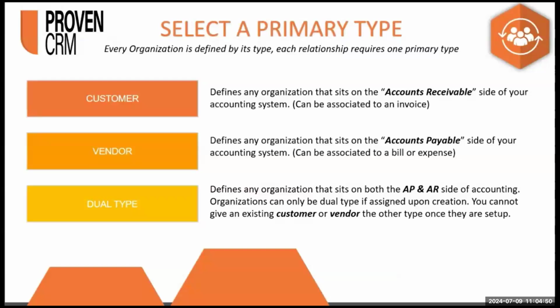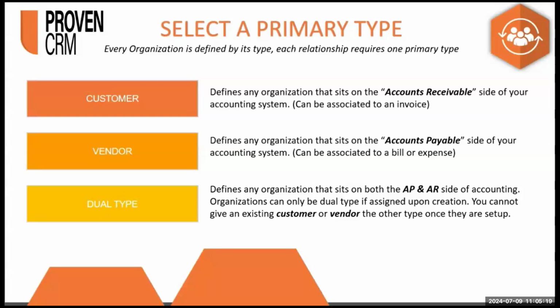Now let's break down the primary type explanation. Every organization within Proven Jobs or Proven CRM must have at least one of the primary types of either customer or vendor or both. The customer primary type will sync to your accounting platform on the accounts receivable side, meaning that record can be associated to a receivable.